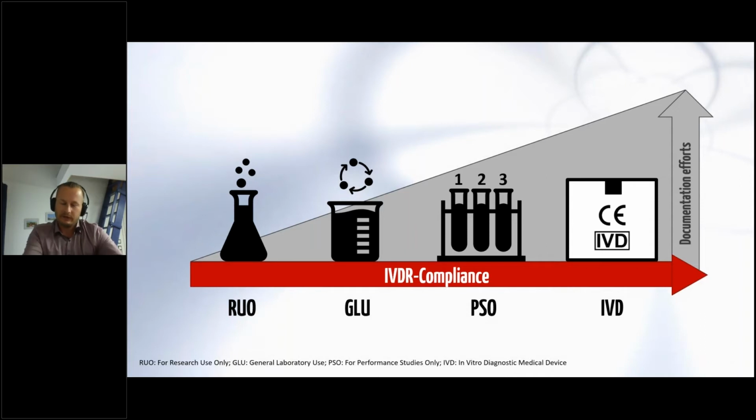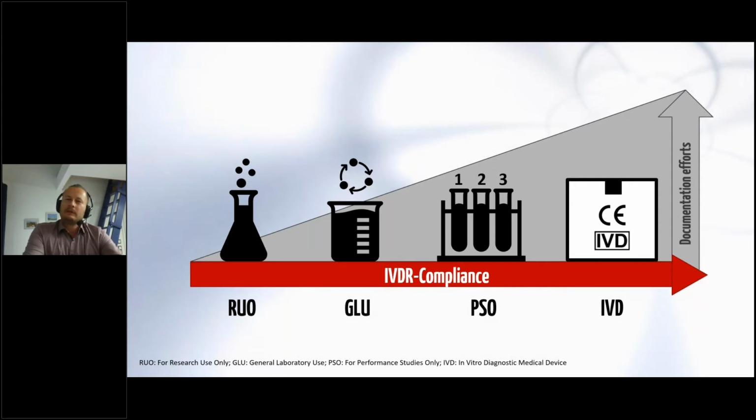If the products are very generic, like DNA extraction kits, for instance, it could be possible that the manufacturers provide for general laboratory use reagents or kits. It may be true for software as well, but in this case, it's very complicated to demonstrate the generic nature of the software.